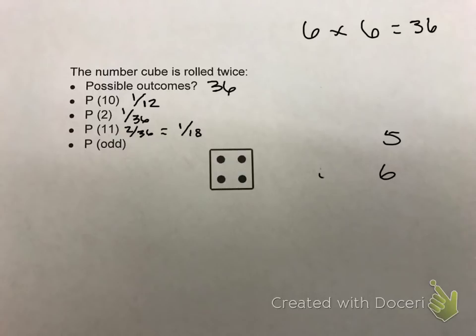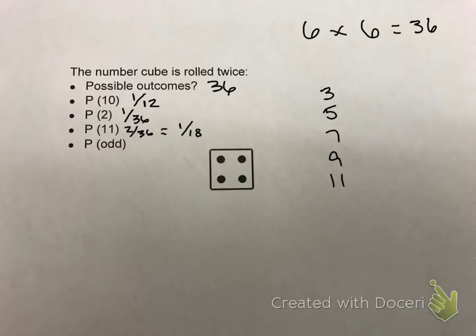Lastly, we have the probability of us rolling an odd number. So we can look at this a few different ways, but I'm going to look at it as simply as I can. The odd numbers that you could possibly roll when you combine the 2 rolls are 3, 5, 7, 9, and 11. It's not possible to roll a 1 when you're rolling the number cube twice.